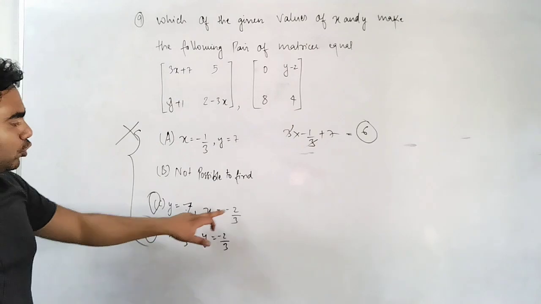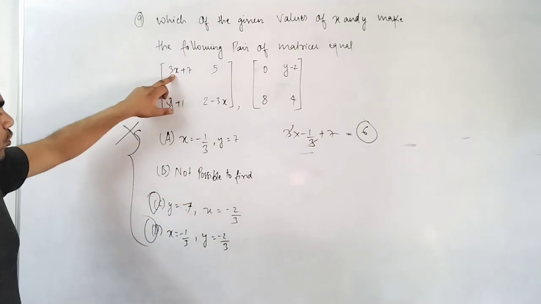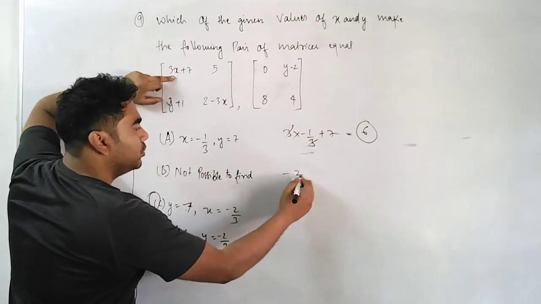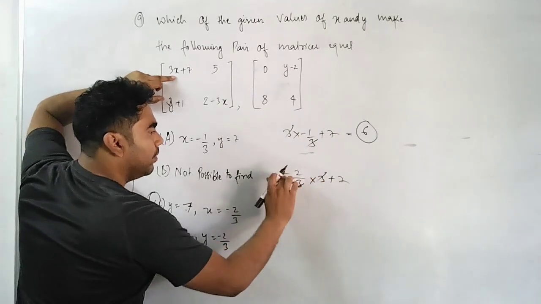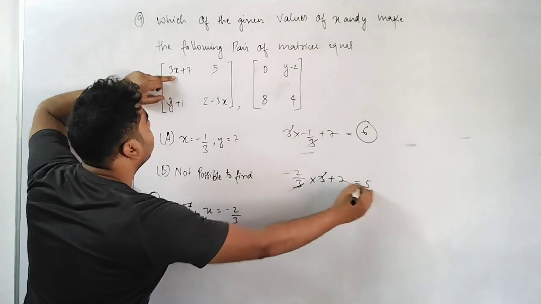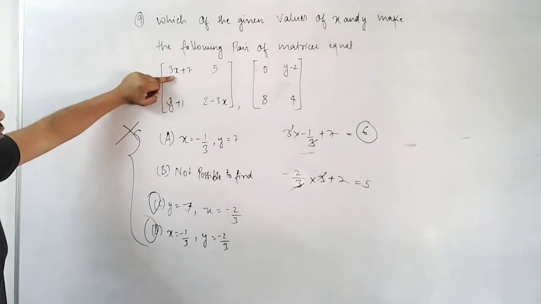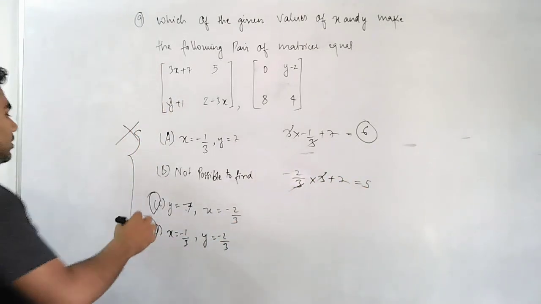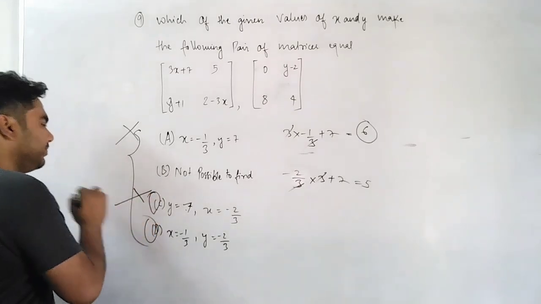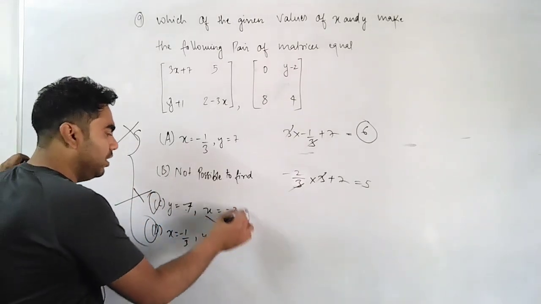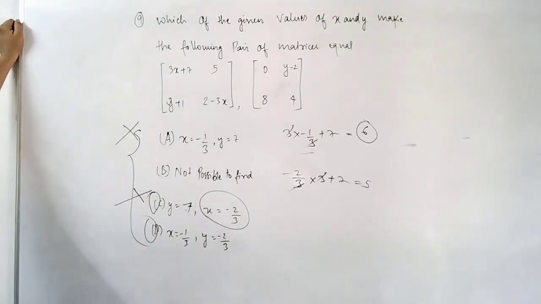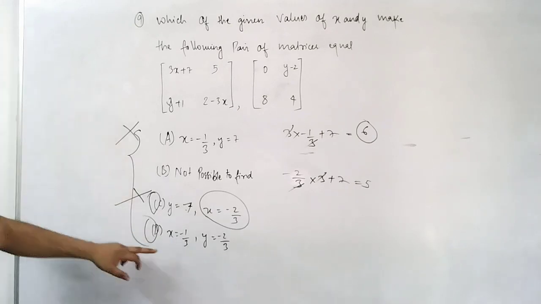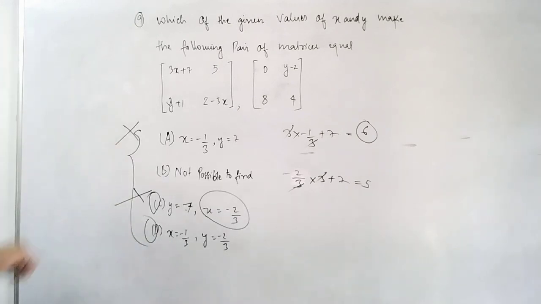Now x is equal to minus 2 upon 3. Minus 2 upon 3 into 3 plus 7, the 3 cancels, minus 2 plus 7 is equal to 5. No, this is not the correct option, because this value did not satisfy the equation. Now option D, x is equal to minus 1 upon 3.